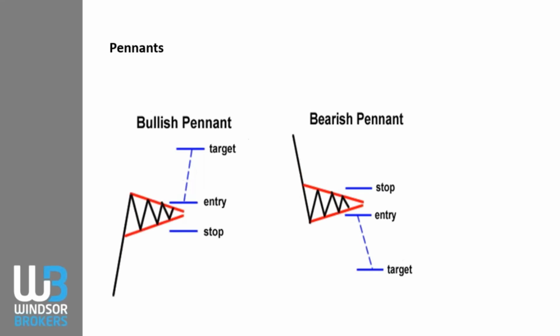Pennants are among continuation patterns. It looks like a triangle and appears in both directions.